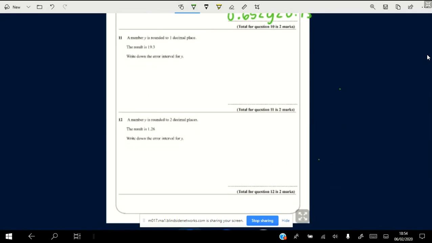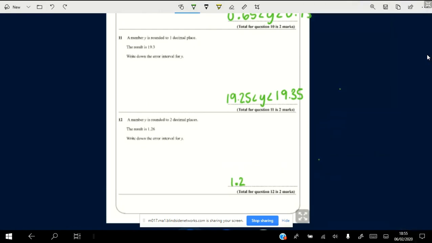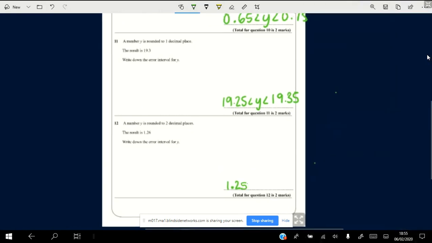One decimal point, so yes, that is correct.